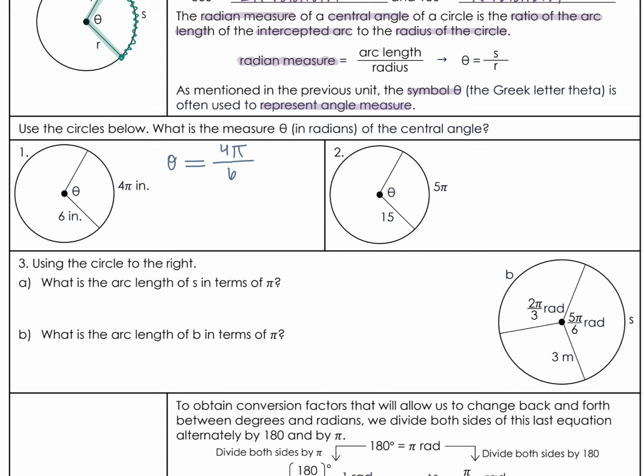Okay, so what we need to do here is just reduce to find our actual answer for our theta. Okay, so here 4 and 6 are both divisible by 2, and so we'll get that theta is 2 pi over 3 radians. And you can also just use rad as well.